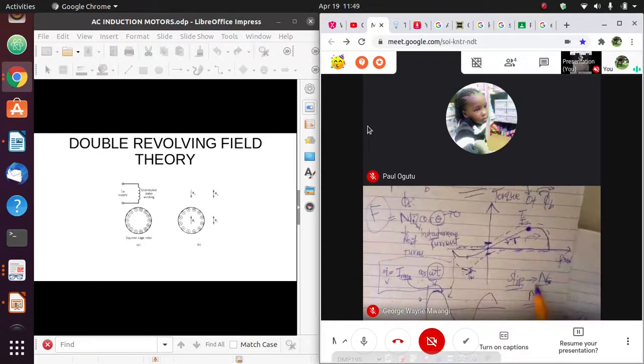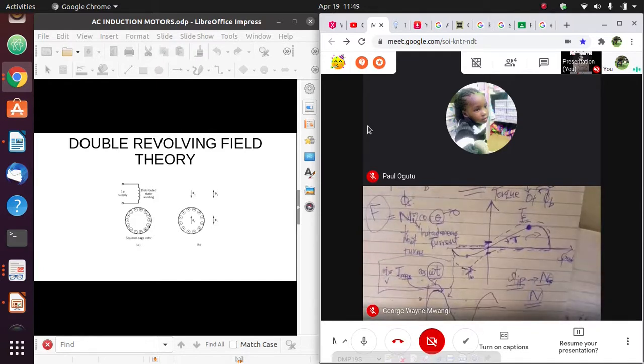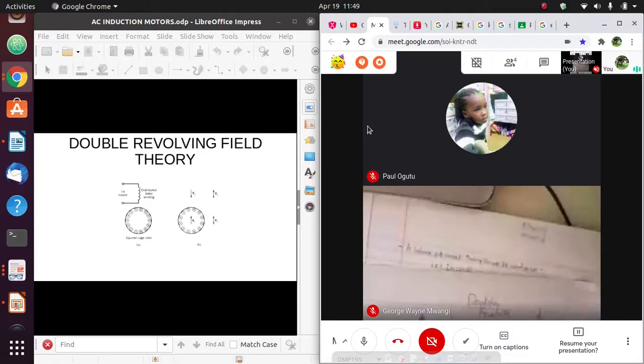These two speeds will not be the same, because this is not a synchronous motor. This is an induction motor, and the synchronous speed will be higher than the rotor speed. The synchronous speed is the speed at which the magnetic field produced by the stator rotates in the air gap. The air gap, I said, is the space between the rotor and the stator.